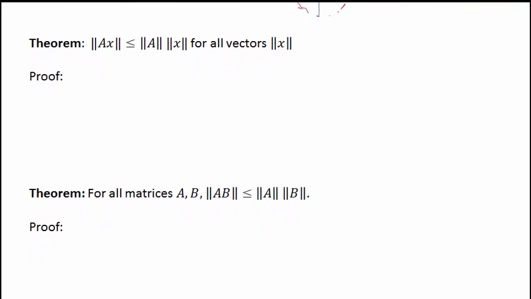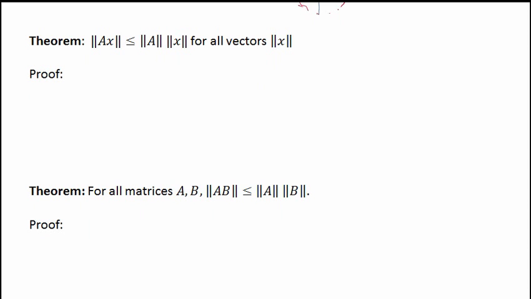And there are two main properties that we're after by using this norm that come in these next two theorems. We're going to spend just a few minutes on these theorems. The first is that the norm of AX is less than or equal to the norm of A times the norm of X for all vectors X. Well, this turns out to be incredibly simple, right?